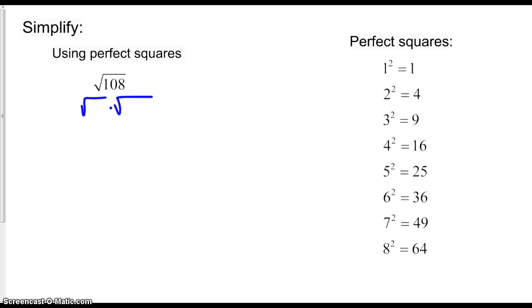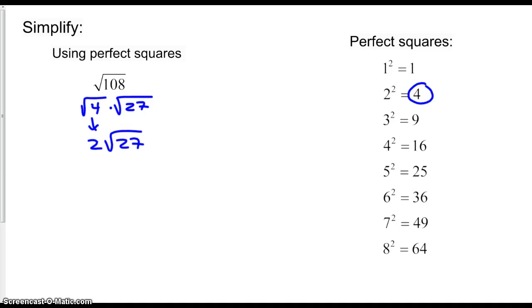If I can divide by a number on this list, say, for example, the 4, if I can divide 108 by 4, which I can, I get 27. So the square root of 108 is the same as the square root of 4 times the square root of 27. And because 4 is a perfect square, the square root of 4 becomes a 2. And now I've simplified because I've written this with a smaller number in the radical.